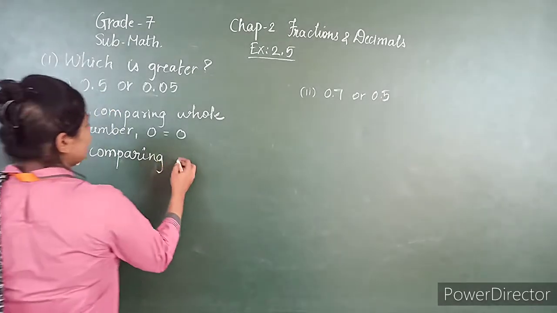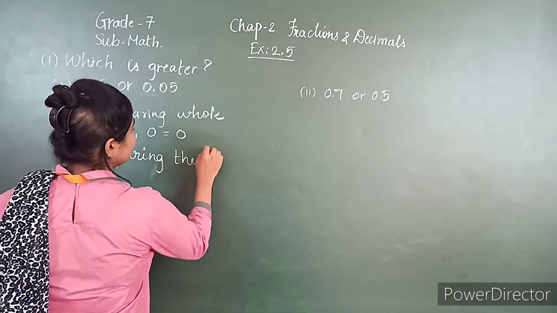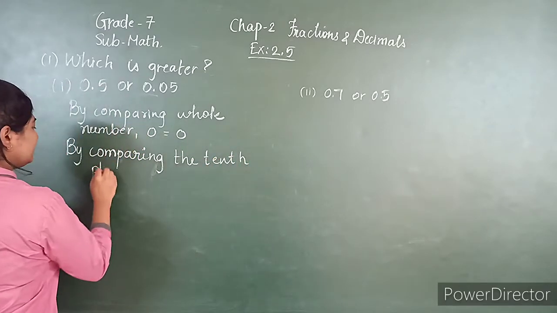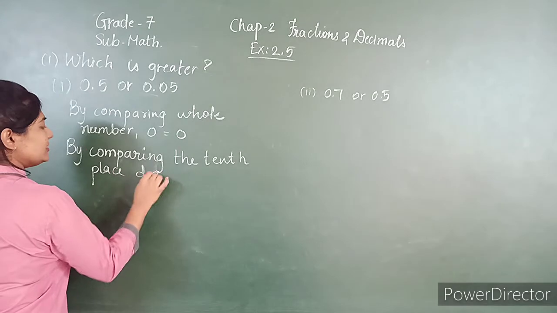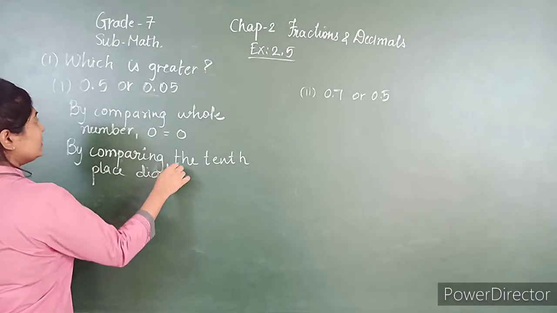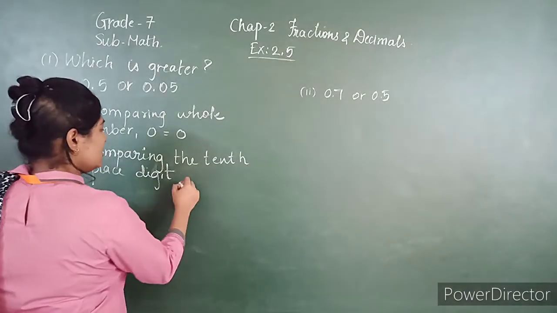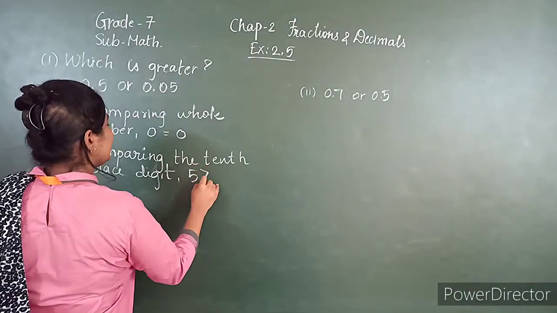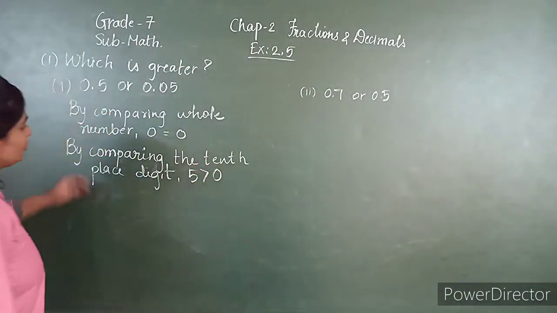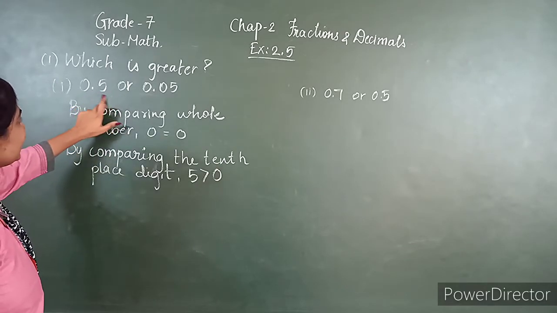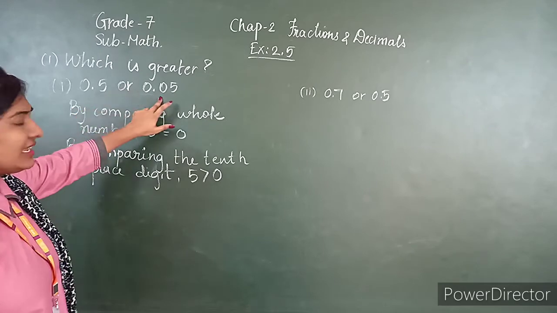So by comparing the 10th place digit, here after the point 5 is given and here after the point 0 is given. So 5 is greater than 0. So here 5 is greater in the 10th place digit.